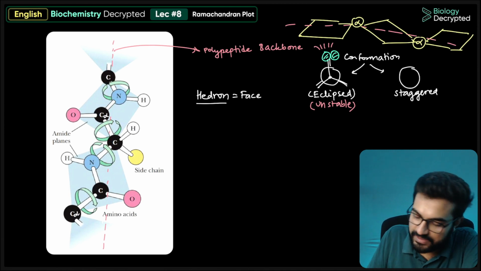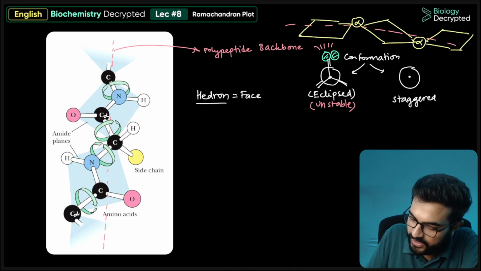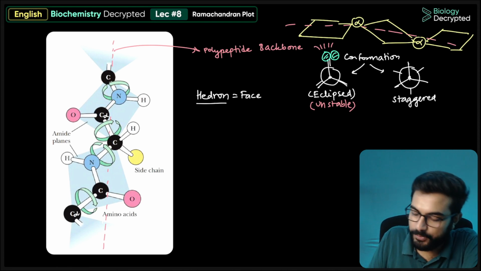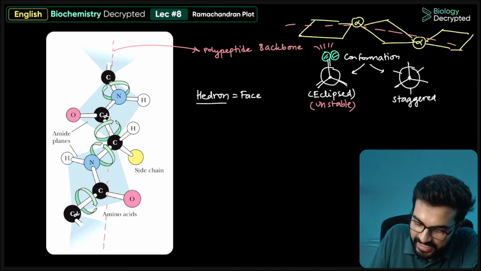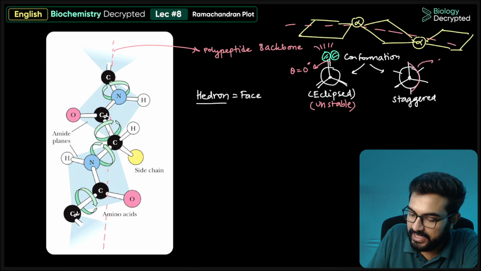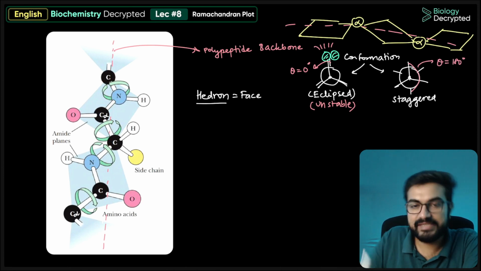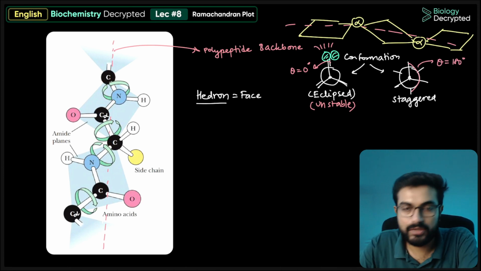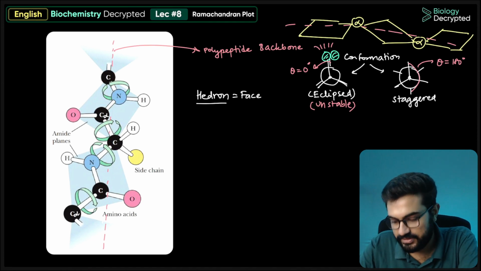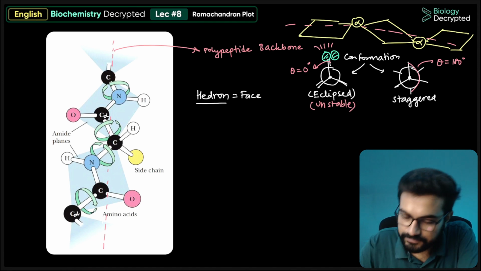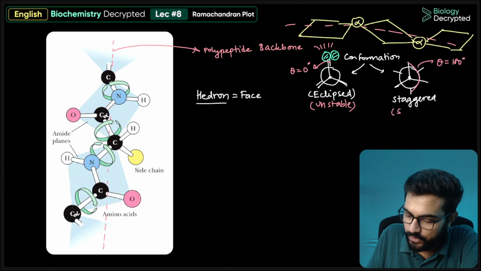Well, staggered simply means that if you have this particular carbon, the front carbon, arranged in this way, obviously the other group will be present exactly opposite to each other. In this case, the angle here is 0 degree, whereas if you look at the angle between this group and this group, the angle here is 180 degree.